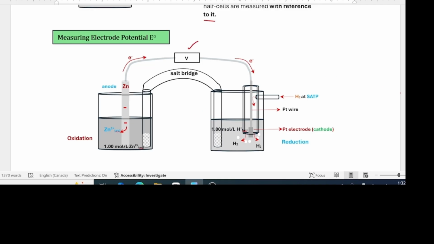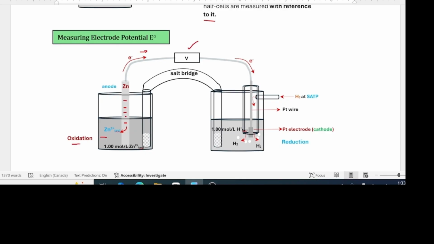When this is done, it is noticed that electrons flow in that direction there. And for electrons to flow in that direction, it means that this electrode here must have become negatively charged. And for that to become negatively charged, zinc atoms must have ionized to produce zinc ions there, and in the process, leaving electrons behind.